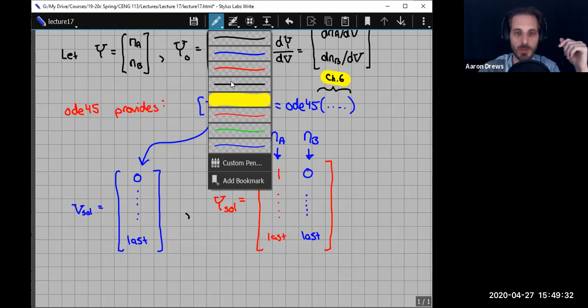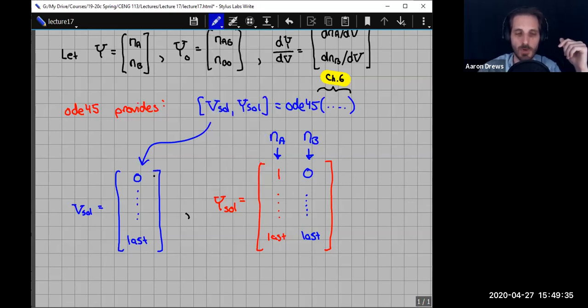But notice that they're paired, right? The first value of V still corresponds to the first 2 values of N sub A and N sub B. So if we needed to make a plot, we could still do that. We have a corresponding value of V for a corresponding value of N, no matter which one we're looking at.